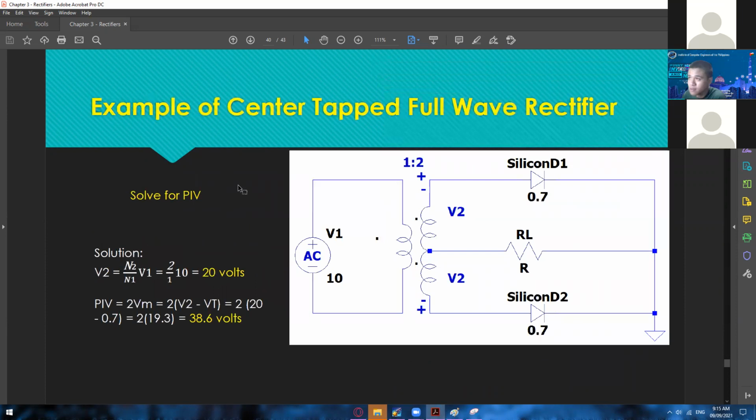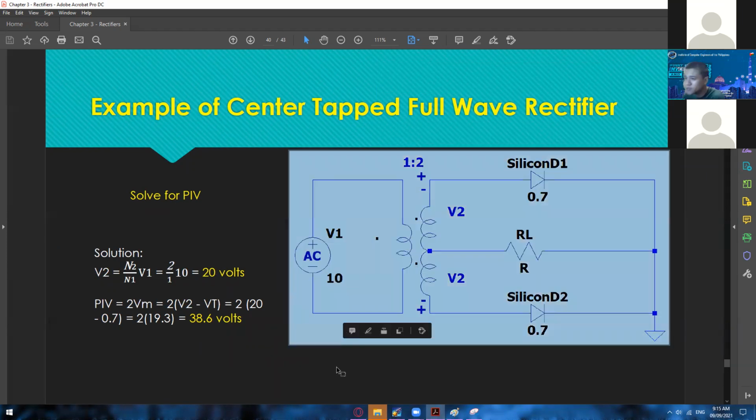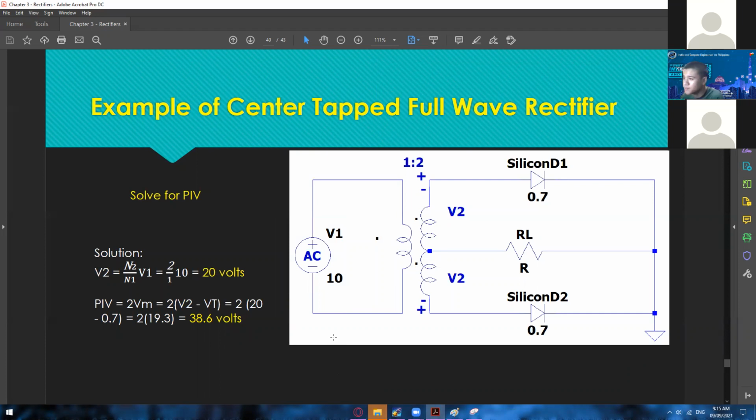Okay, so let's have this last example: an example of a center tap full wave rectifier. Solve for PIV. It wasn't mentioned here to solve for the voltage output. Let me just show it right here. We have this kind of circuit. We have the AC input, of course, which is 10 volts peak to peak.